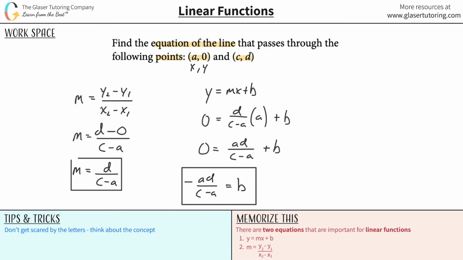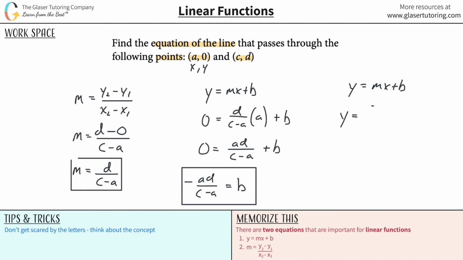So now basically what we have is an expression that relates these variables to one another. So why don't we simply plug it in to y = mx + b. y is equal to mx + b. So let's plug in the slope value.